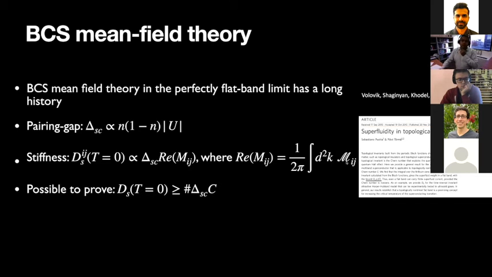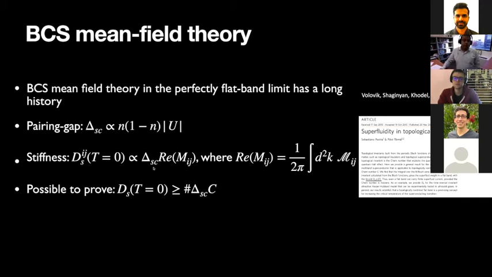If you were to imagine starting out with your Bloch wave functions and constructing all gauge invariant observables out of them, the one that we are more familiar with is the Berry curvature, and that's the imaginary part of a more general tensor whose real part is this Fubini-Study metric. Okay. Now, interestingly, this metric is always bounded from below by the Berry curvature.